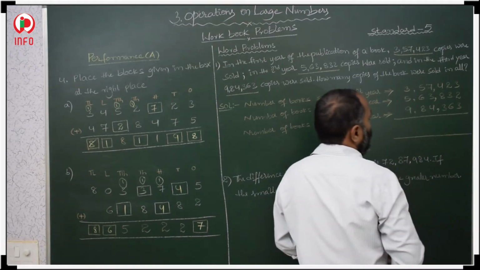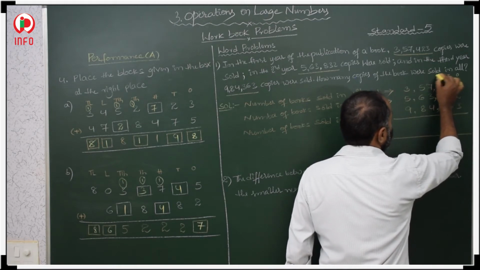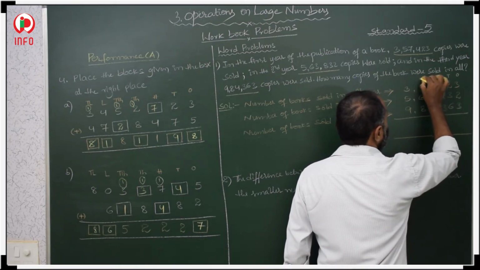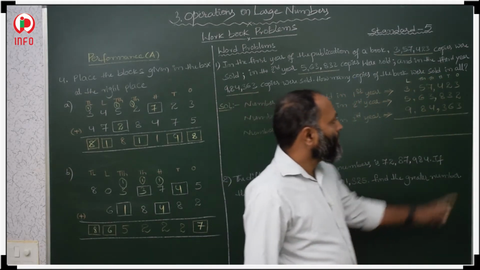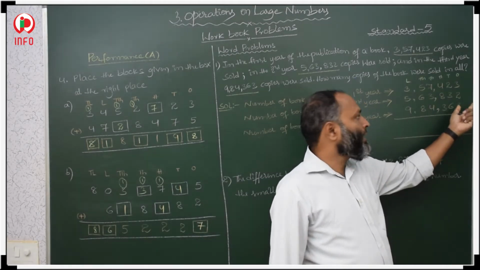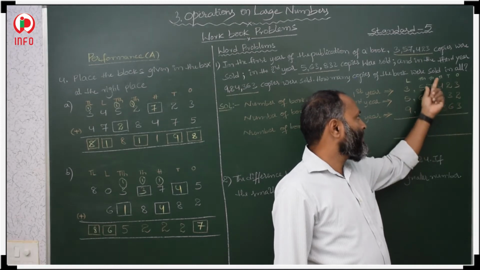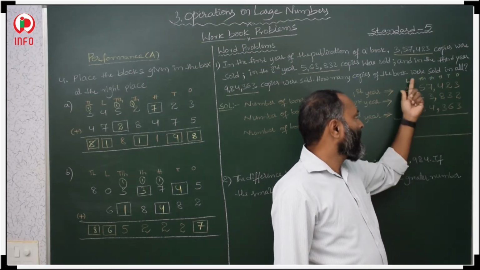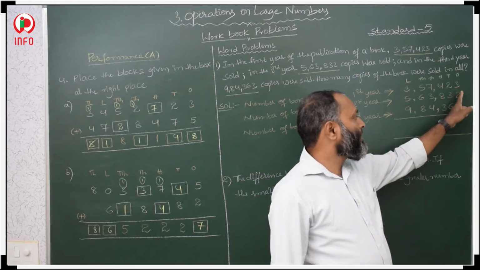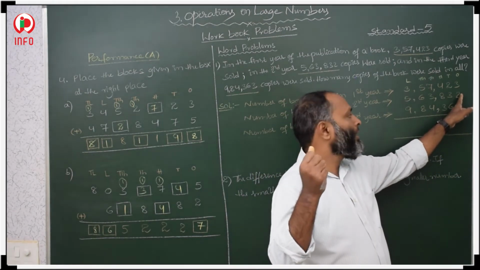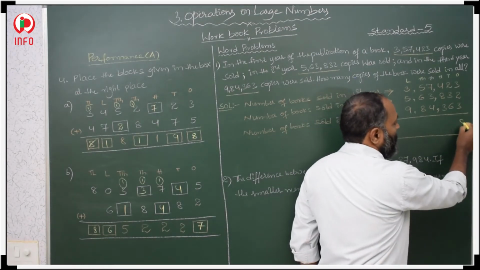Now here, this is the ones place, tens place, hundreds place, thousands place, 10,000s place, and lakhs place. The ones digits should come exactly below the ones, and in the same way tens, hundreds, thousands, 10,000s and lakhs. Now you add: 3 plus 2 is 5, 5 plus 3 is 8, in the ones place.